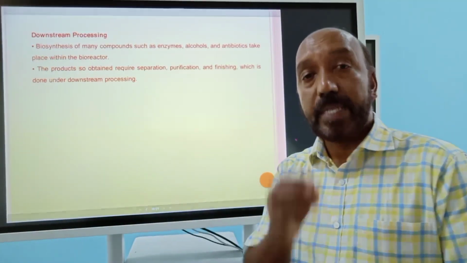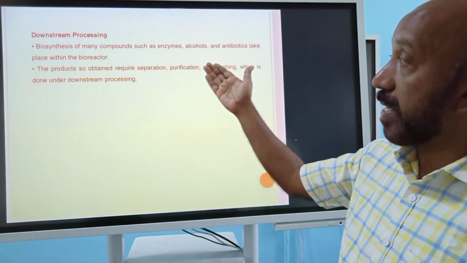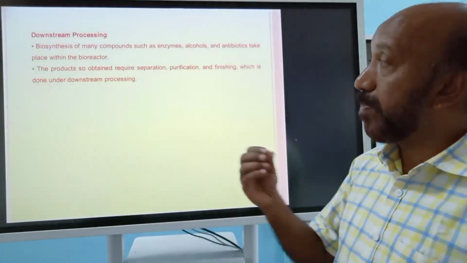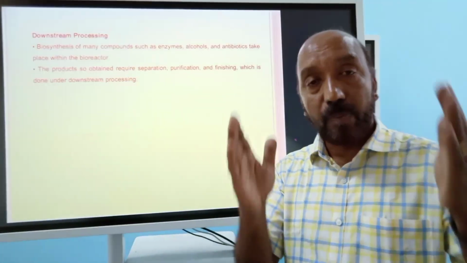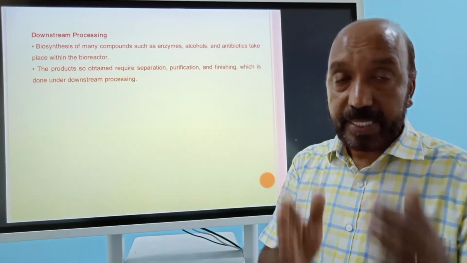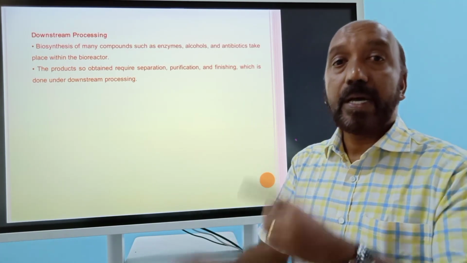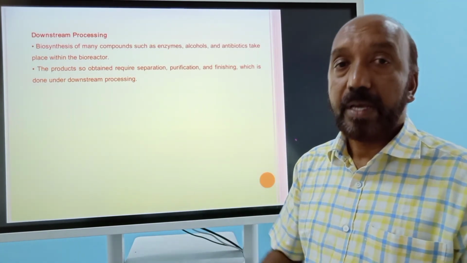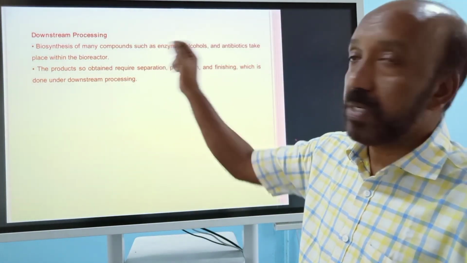Whether enzymes, alcohols or antibiotics, everything will be there in that particular product system. We want to separate them, and this separation and thereby purification of the product is collectively called downstream processing.